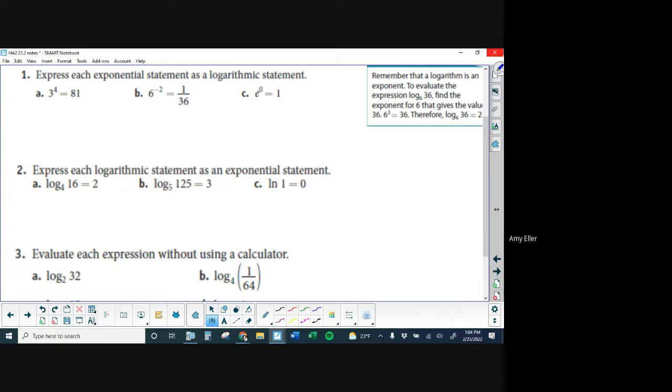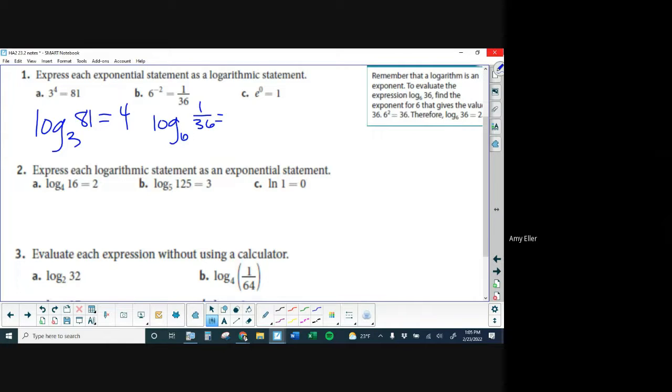Yep. So the first one, remember the base of the exponent is the base of the log. So if this is base 3, my log is base 3. Remember the answer to the log is the exponent. So this one has a log base of 6. The result I want is 1 over 36.